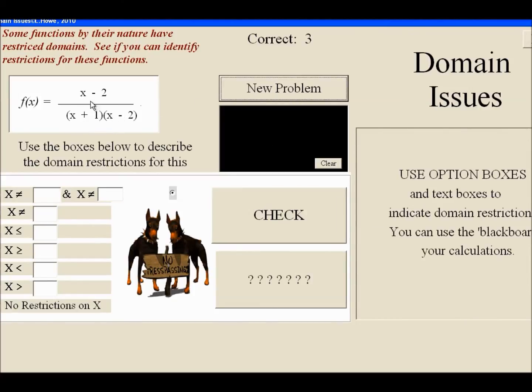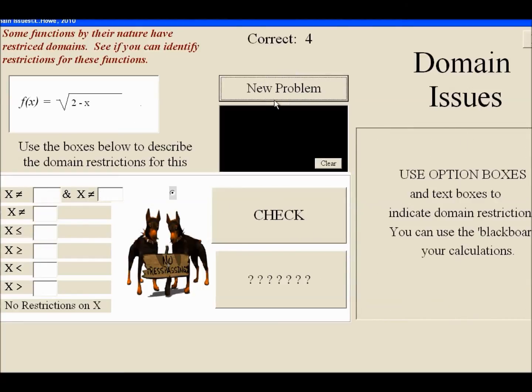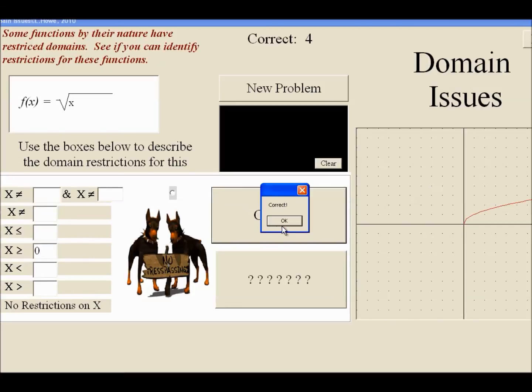Again, here you can't have a denominator of 0. X cannot be negative 1, and x cannot be 2. We probably saw that problem before. We saw that one before. X has to be greater than or equal to 0, because you can't take the square root of a negative. Check, we win.